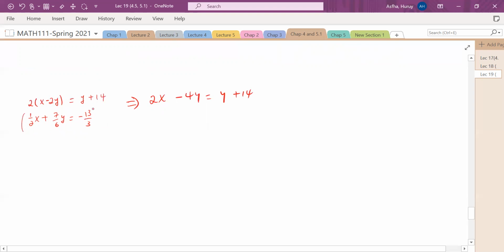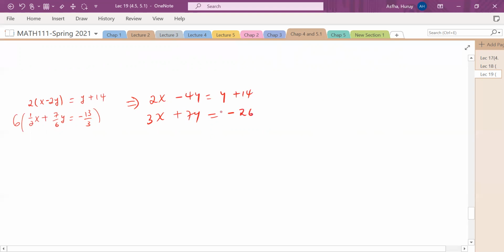We multiply this by 6, which is the LCM, right? So what do we get? For the first one, 6 times this 1/2 is 3. So we have 3x. And this is 7y equals negative 2 times 13, which is 26.